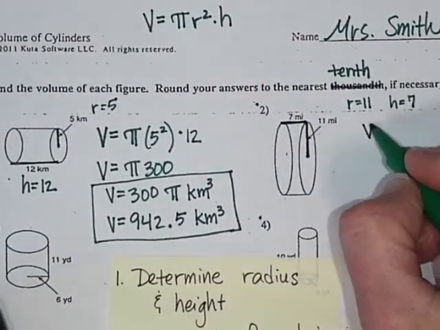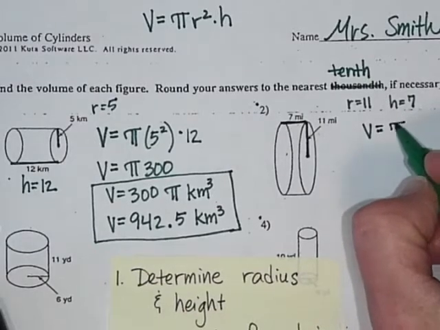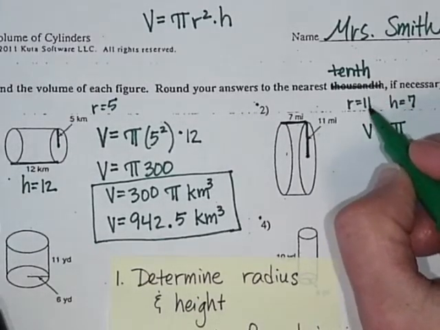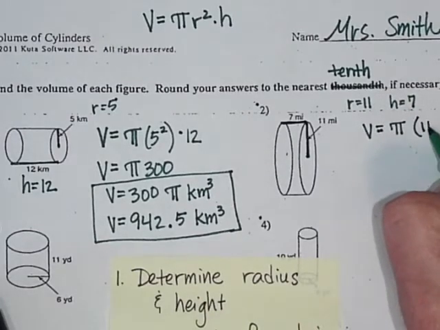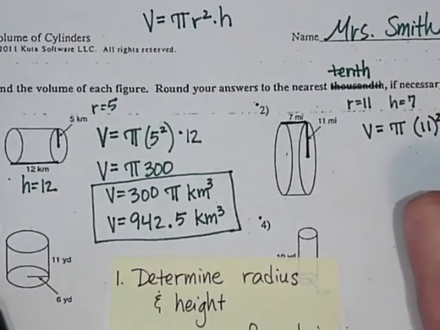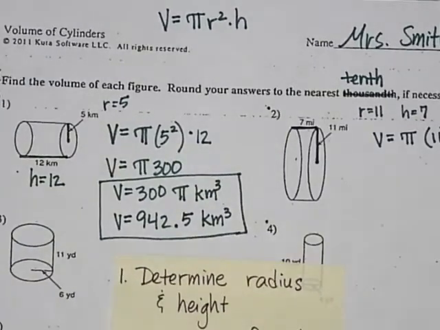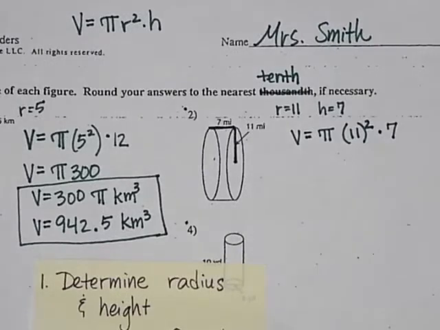So volume equals pi R, which becomes 11 squared, times the height, which is 7. And I'm running out of room again. Let's try that. There we go.